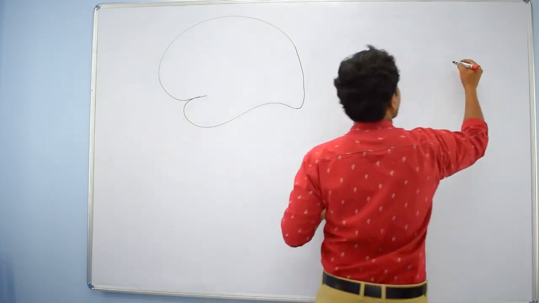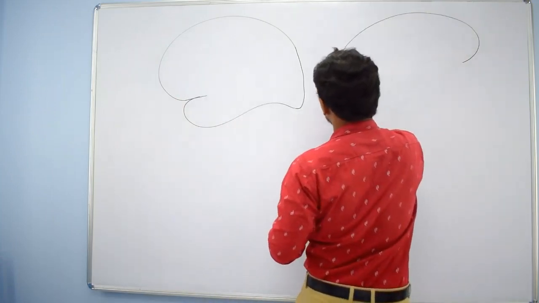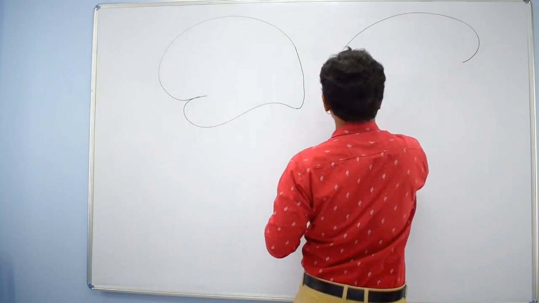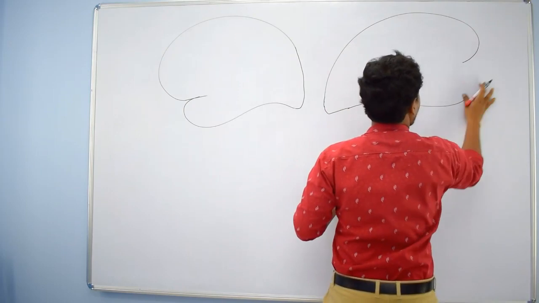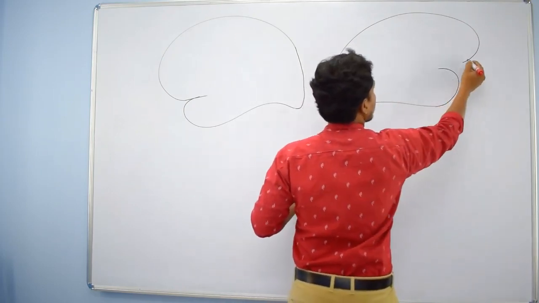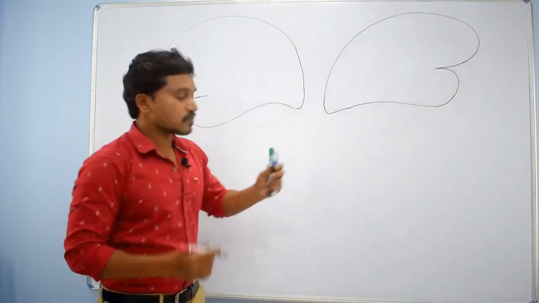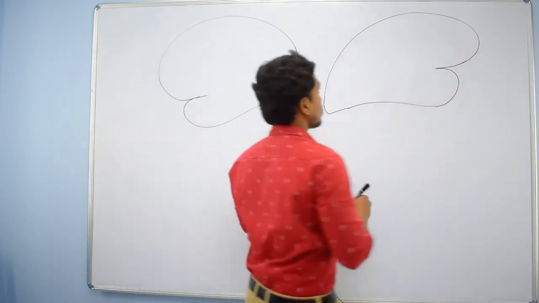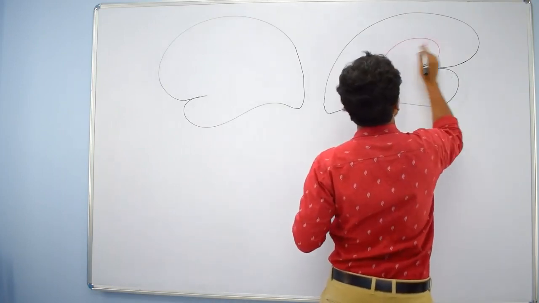Then this is the medial surface of the cerebral hemisphere. Right? In the medial surface we have to draw the corpus callosum.